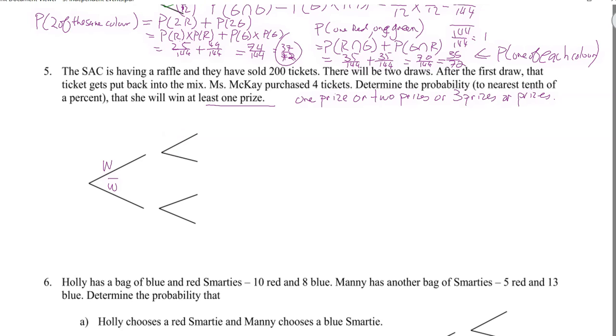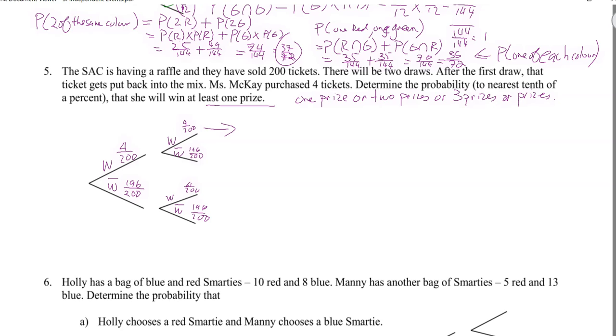This is a win. This is not a win. This is a win. This is not a win. So the probability of every win is 4 out of 200, and the probability of every loss is 196 out of 200. So 4 out of 200, 196 out of 200, 4 out of 200, 196 out of 200.